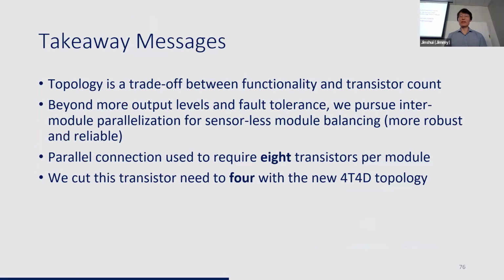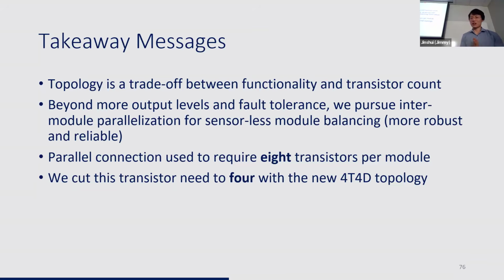So this is what we have learned from this section. Topology design is always a trade-off between functionality and transistor count. With the invention of CH2B, people unlocked a new dimension of functionality, the parallel connection. However, this feature used to cost us 8 transistors per module, but with this new topology, we cut it down to 4.